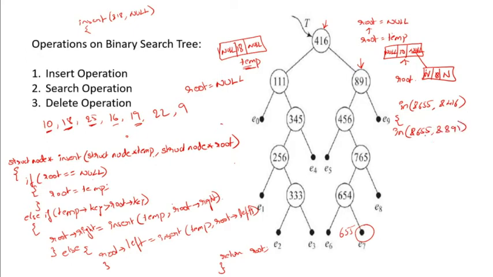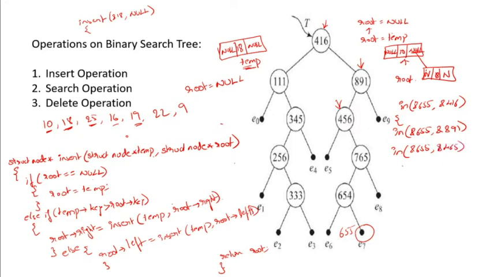Now you compare 655 with 891, you will find that 655 is less than 891. You will again call in order of address of 655 comma 891's left node because it is less than. 655 is less compared to 891. So it will call this node. So this will be my new root. So it will be address of 465.